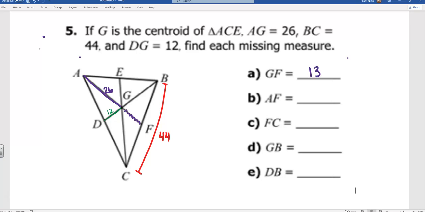It is 13. Because this is the short piece of the median, it is going to be half of the long piece of the median. Okay, very good. All right. Then they also ask us for A to F over here, and we can just add those two pieces together since we now know that this is 13. That is going to be 39.